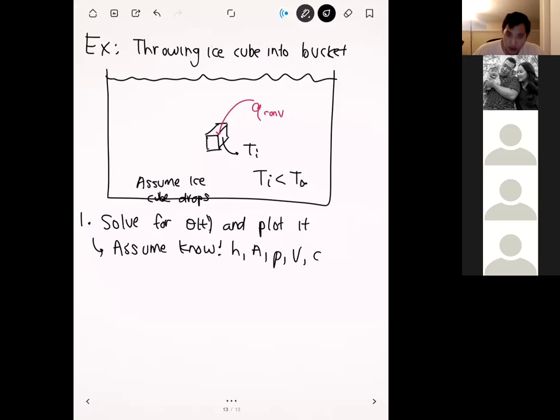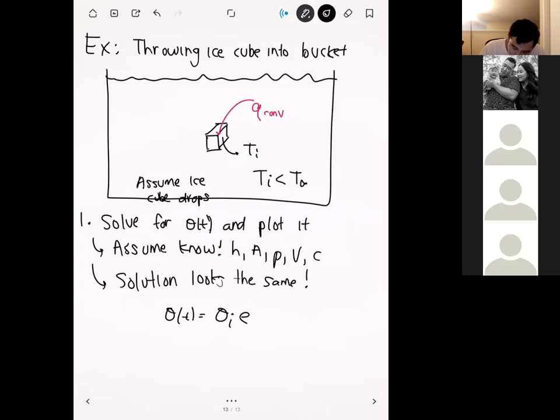If we know all of those properties, our solution is actually going to look exactly the same. Theta of t is still theta_i times e to the minus hA divided by rho V c times t, because geometrically, this problem is exactly the same.